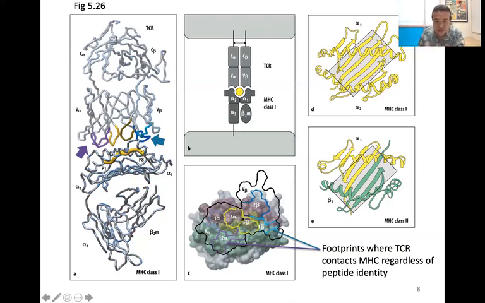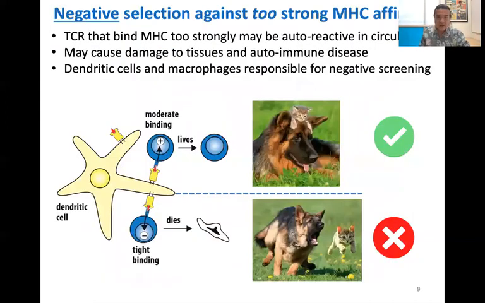And you realize that the yellow ones in the middle are the ones that actually determine whether or not it fits the shape of the peptide. So much of this interaction is just the T cell receptor properly recognizing MHC. Right? So that's why you're selecting for T cells that have T cell receptors that can do that.